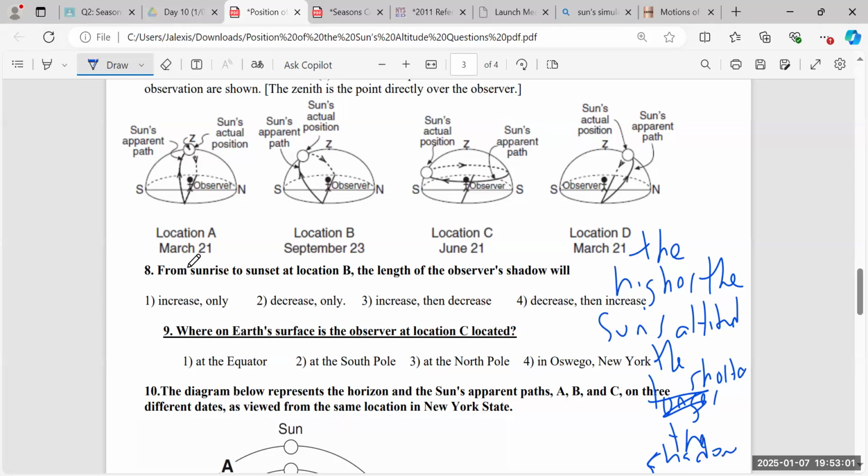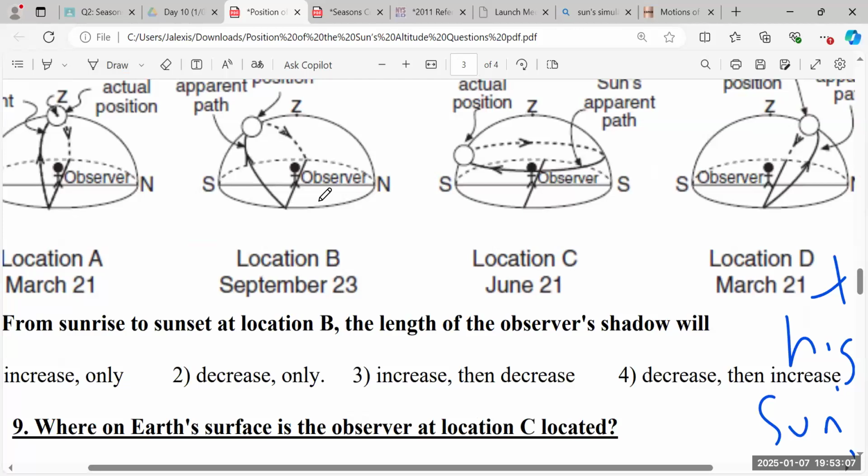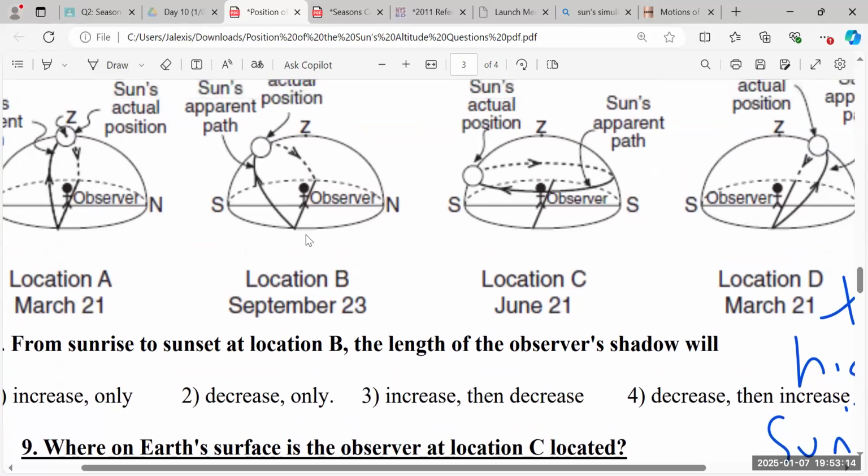So therefore, when I look at location B and I zoom in, what we see is the sun starts at sunrise. So it starts here, which means my shadow is going to be long. Then as it rises, my shadow decreases to solar noon where it's going to be short.